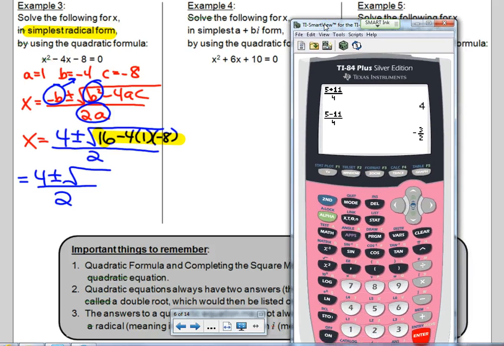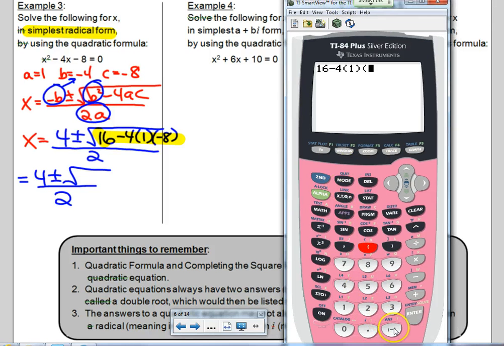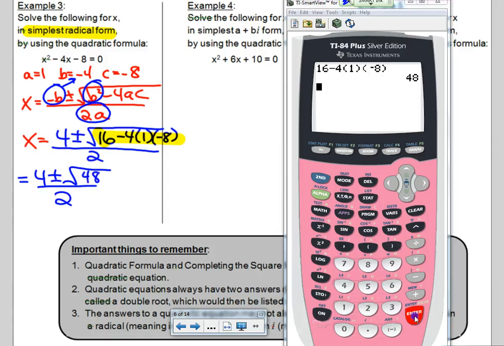All right, putting it in our calculators, we have the underneath part is 16 minus 4 times 1 times negative 8. And you get 48. Okay, and we expected a radical in our answer. Radical 48 does not come out completely.